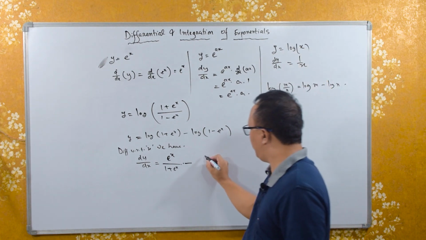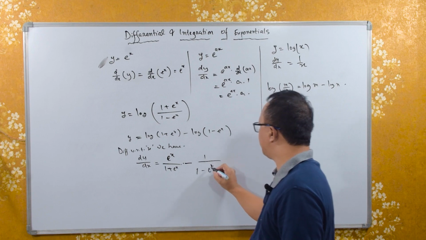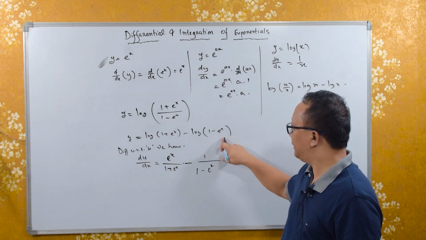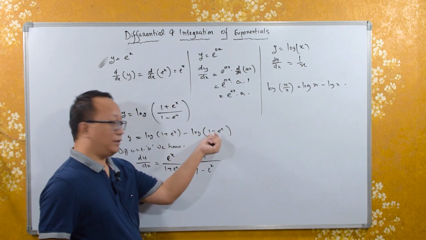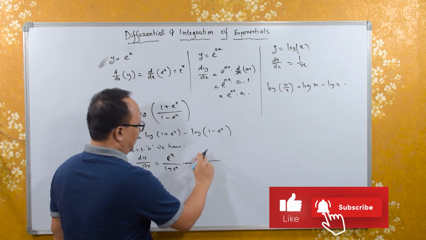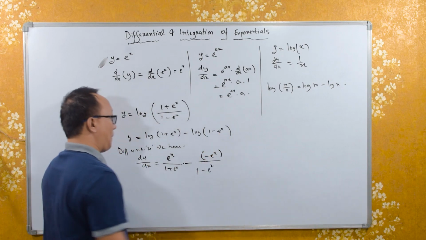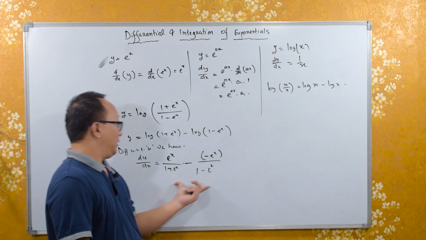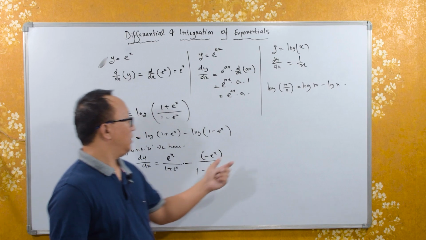So it will be 1 upon 1 minus e raised to x, again differentiated with respect to x. Here it will be 0, the derivative of a constant is 0, minus e raised to x. Here we are getting minus e raised to x. Here we can do the LCM, or you can keep it as it is.